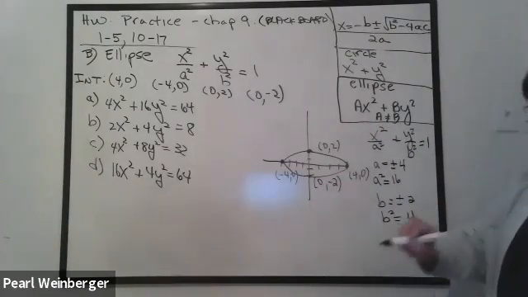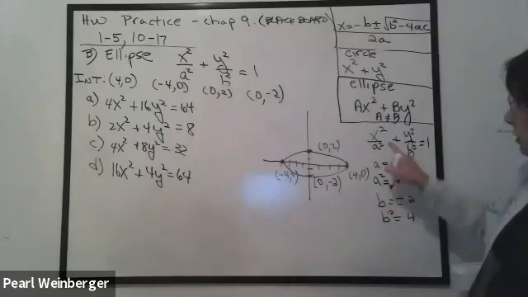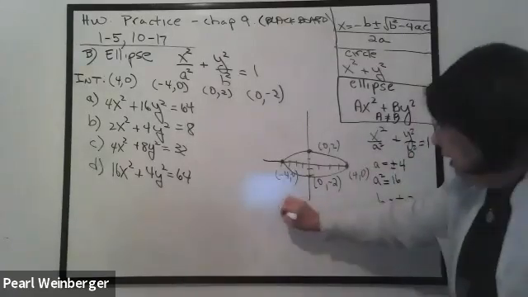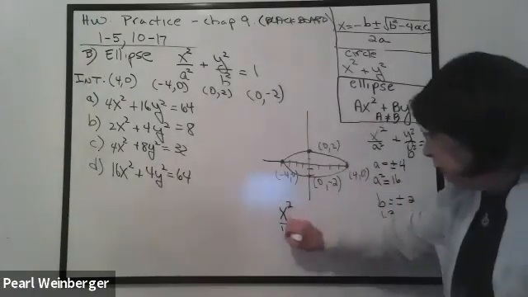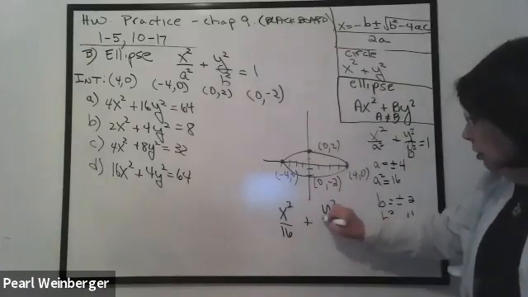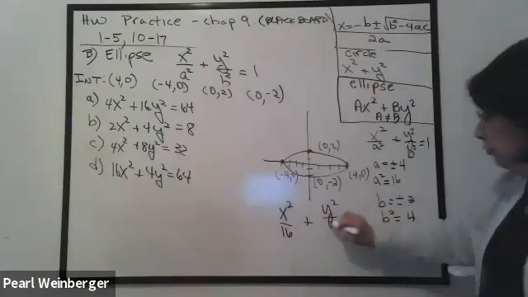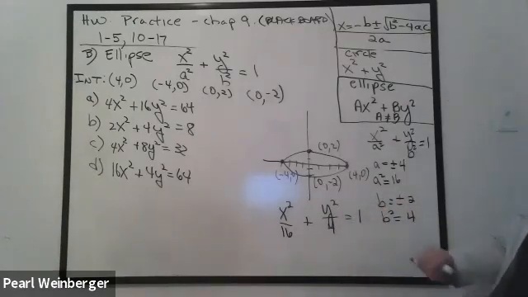So in standard format, the equation of this ellipse will be x squared over 16, that's my a squared, plus y squared over b squared, which is 4, and that's going to equal 1. That's the standard equation.